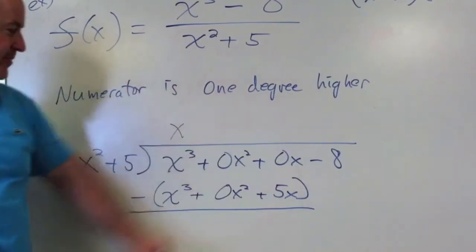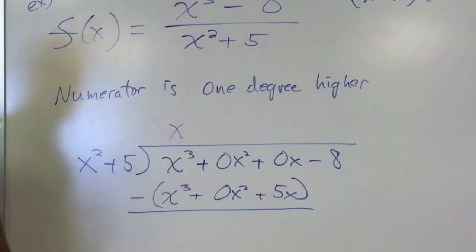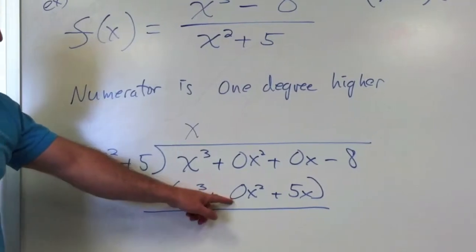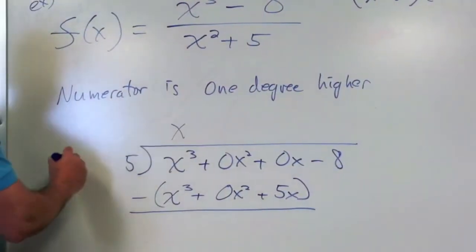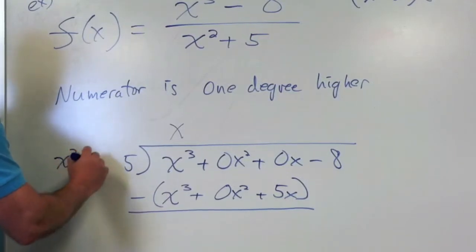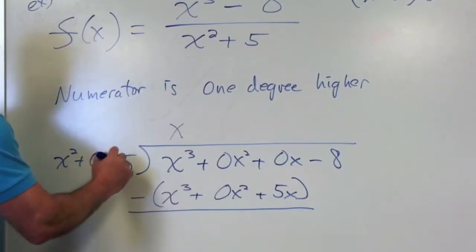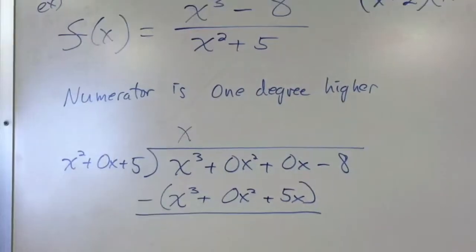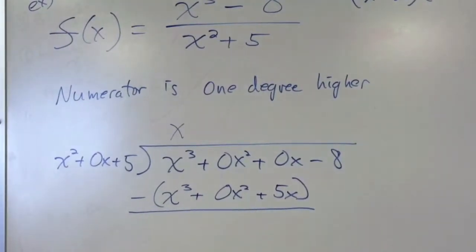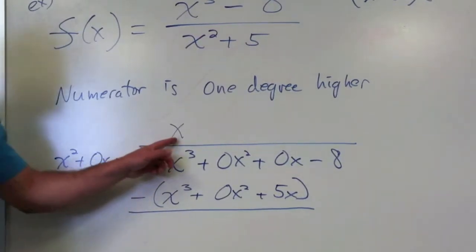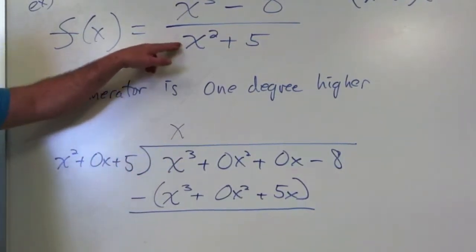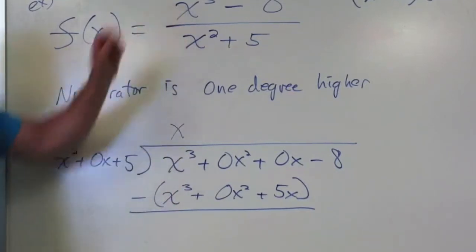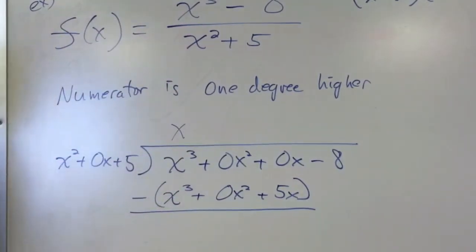Let me rewrite the denominator as x squared plus 0x plus 5, and account for it there as well. You need to put something up here that, when you multiply by the first term of your denominator, gets you the first term of your numerator. So that's x in this case.